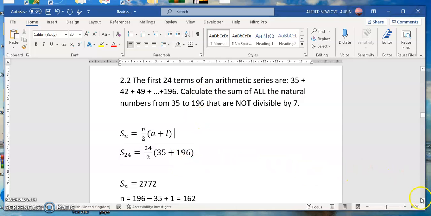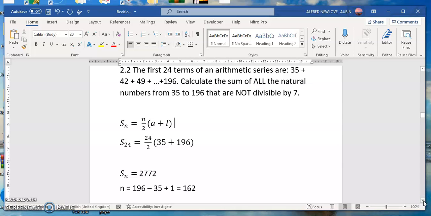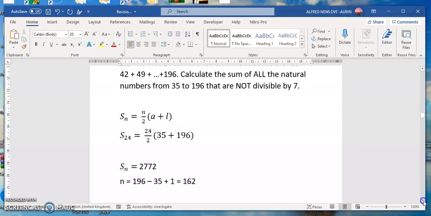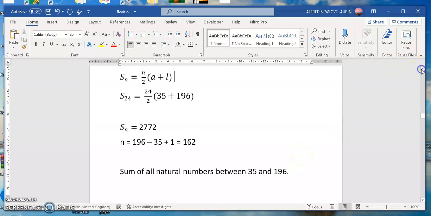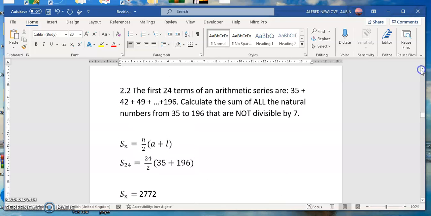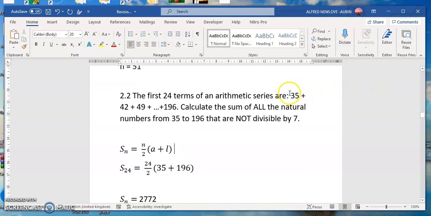Alright, but we want the number of terms for all the natural numbers between 35 and 196. What is that going to be? It is the last term, between this and all the natural numbers in between.